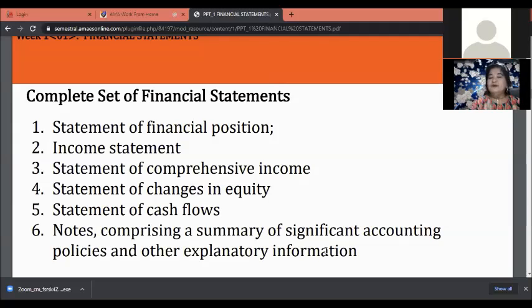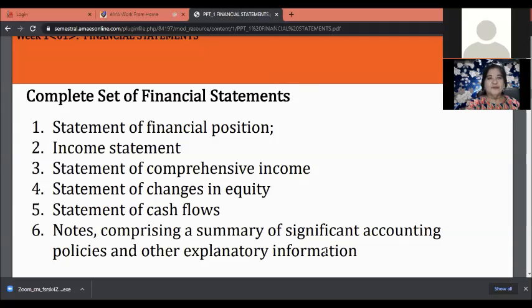Statement of cash flows, as I have mentioned, will of course have the detailed presentation of all the incoming and outgoing cash within a certain business entity. Notes comprising a summary of significant accounting policies and other explanatory information.